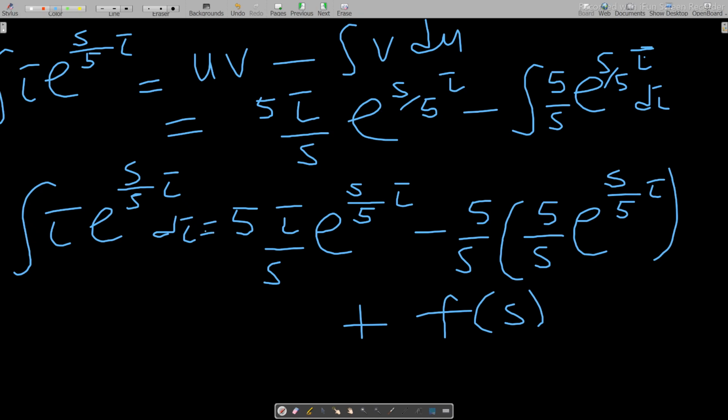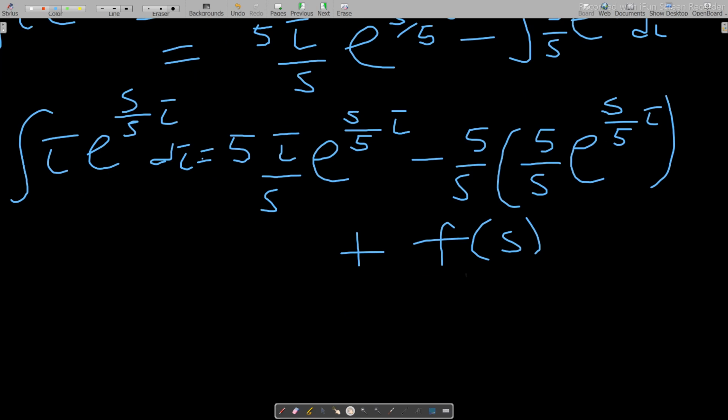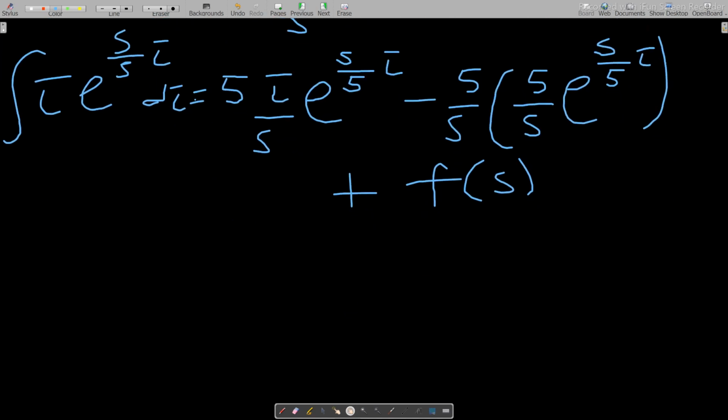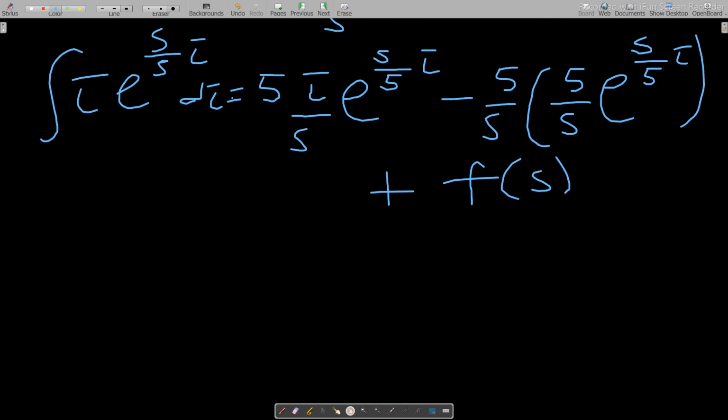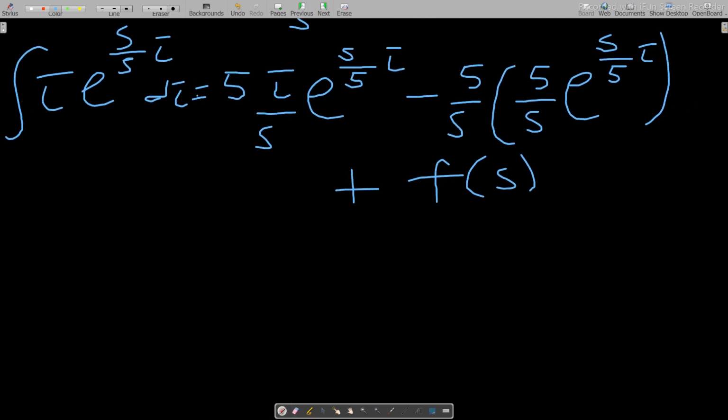So we can still go ahead and simplify this. Okay, go ahead and simplify, and we get something like this. This whole thing is equal to, we have 5 tau over s here.